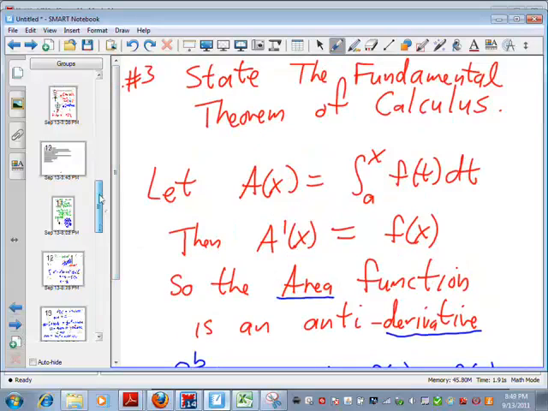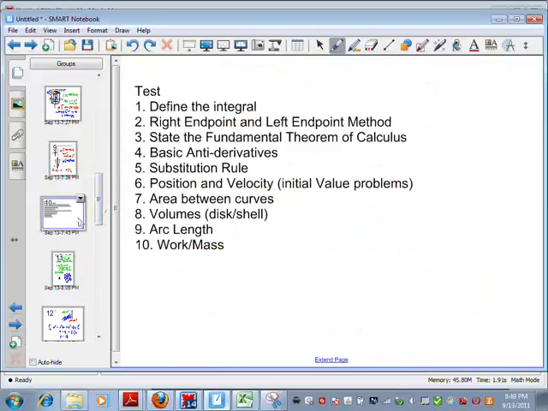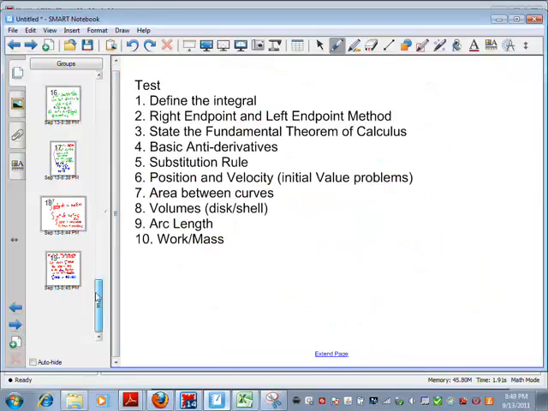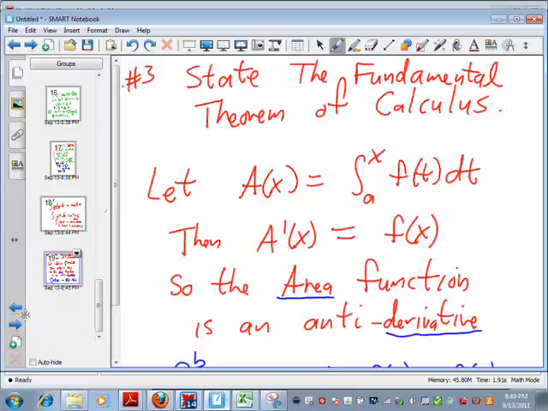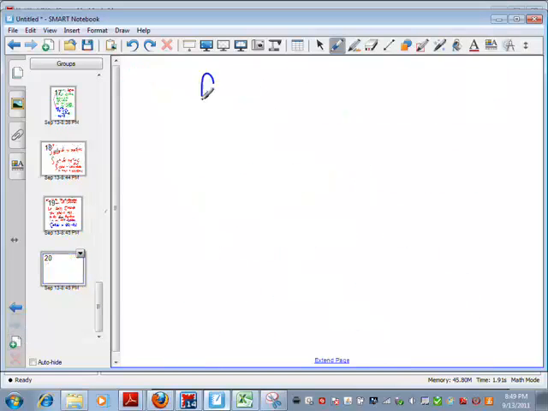And that's 3, and then 2. Left and right: right-hand point method, left-hand point method. Do we need to do one of those? So we're saying something like, pick a function. f of x equals x cubed on the interval 0 to 4.